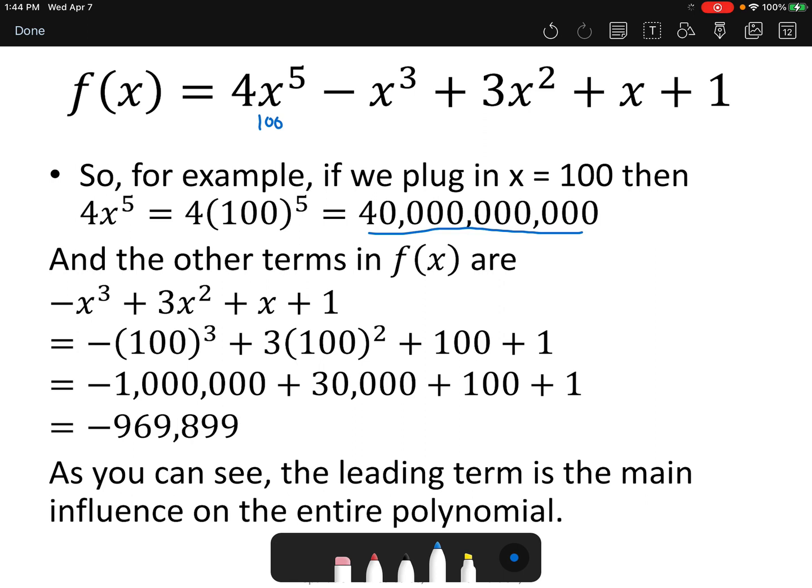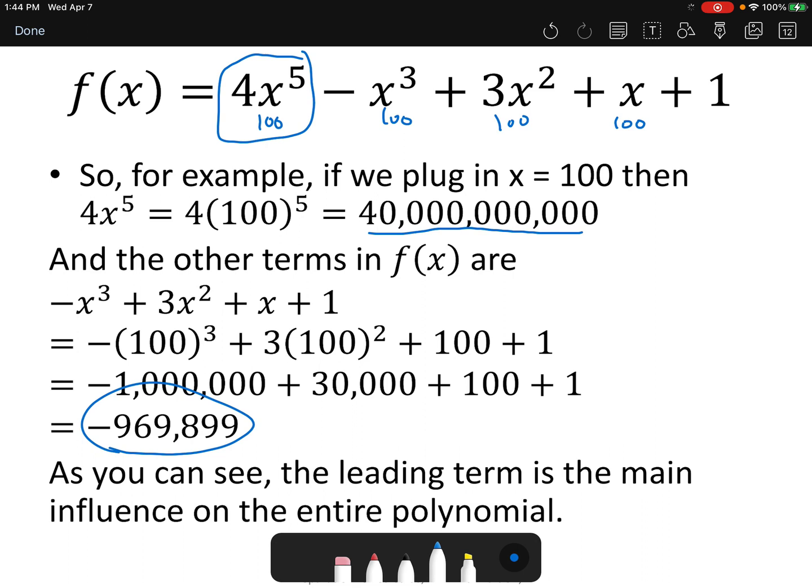No, 40 billion. Now, if we put 100 into all the other terms, they only add up to negative 969,899. So this is clearly the most influential part of the polynomial, the leading term.